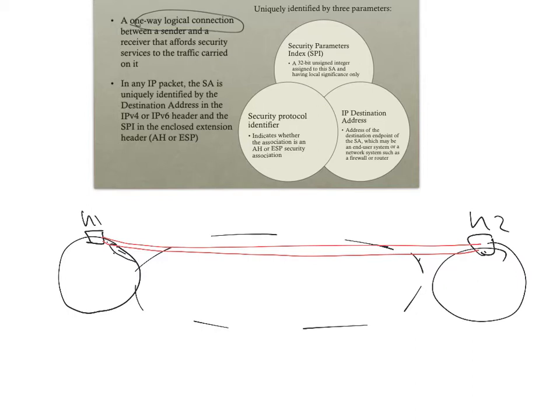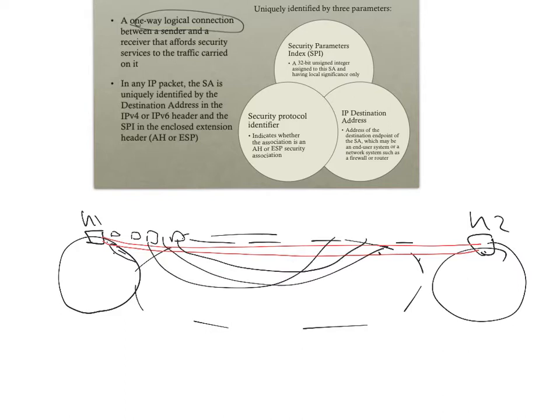But remember, underneath we use IP, and IP sends a sequence of packets. In fact, these packets can follow different paths and different routers. One packet may go this way, one packet may go that way.